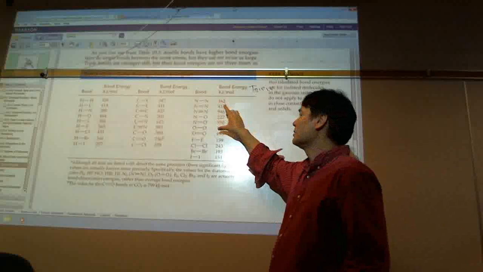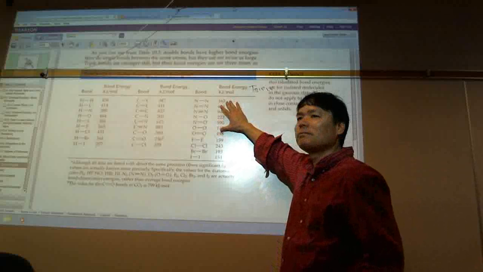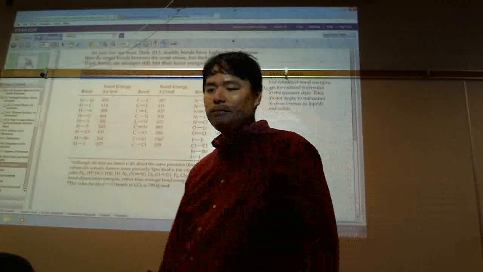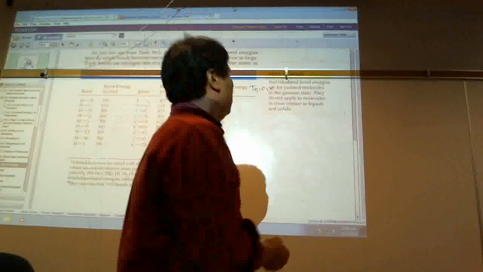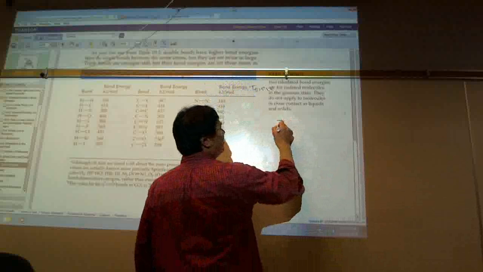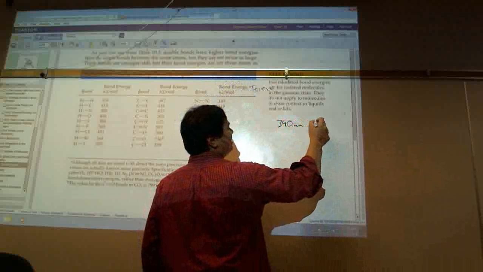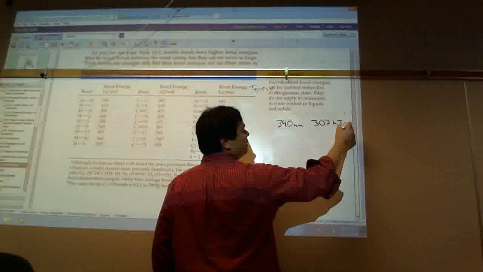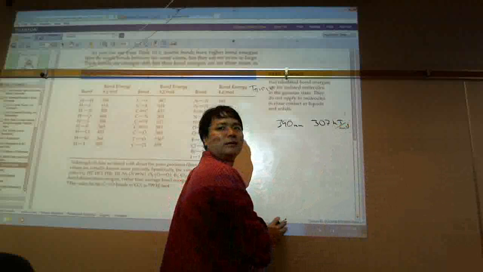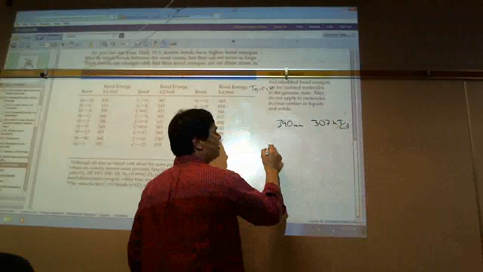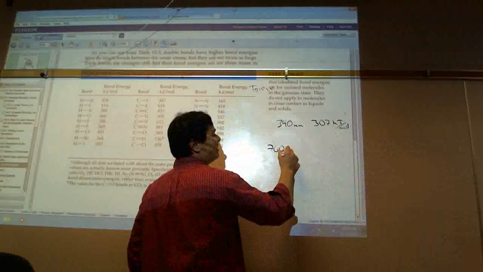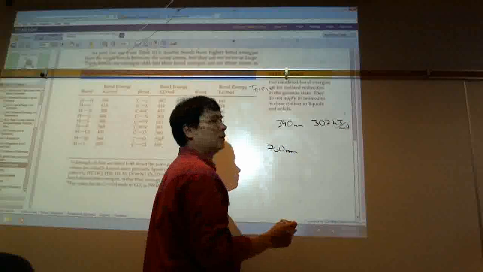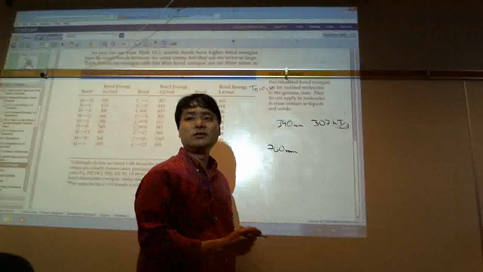Did we do the calculation for visible light? All right, so 390 nanometers turned out to be 307 kilojoules per mole, roughly. Was that about right? Yeah. 760 nanometer light is like 157 kilojoules per mole.